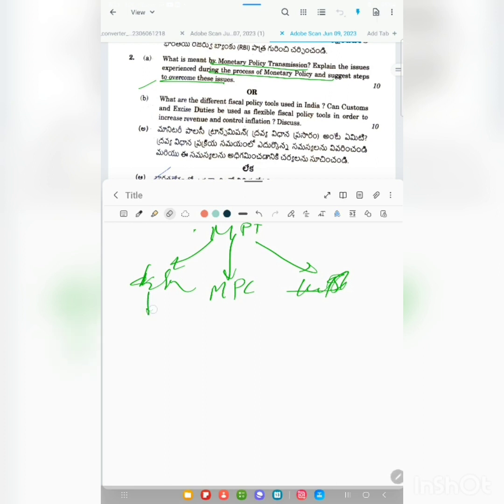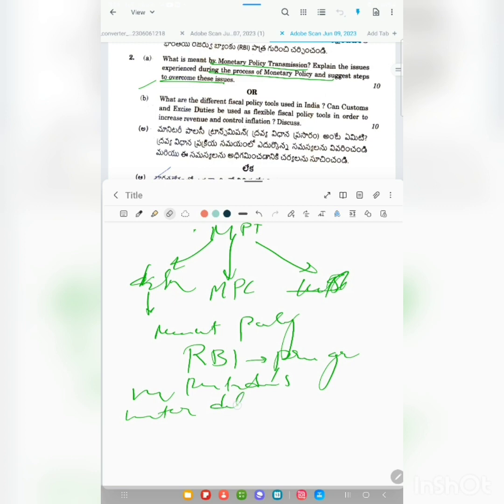So what is monetary policy transmission? As far as monetary policy is concerned, RBI is the premier agency in managing India's internal debt and maintenance of monetary policy. This is a simple definition you can use.